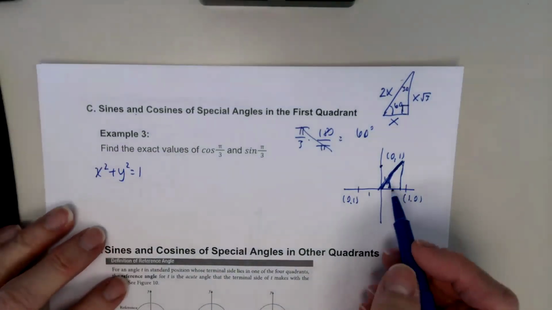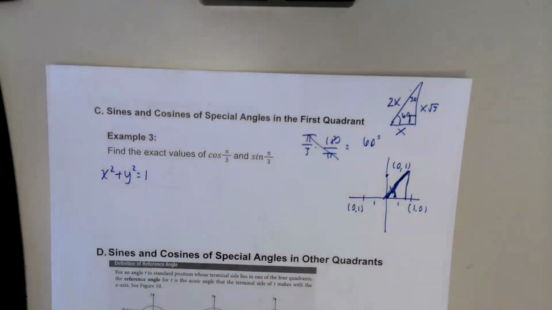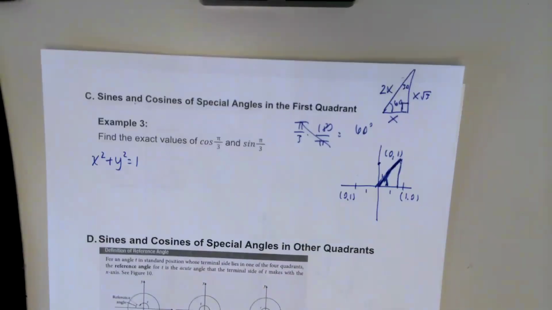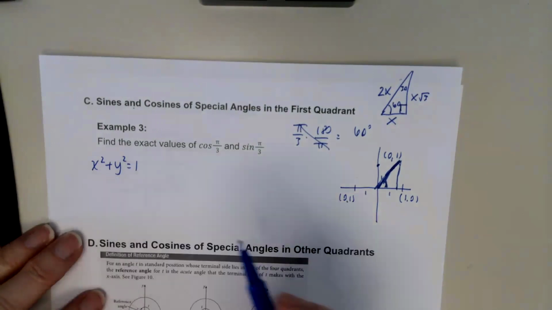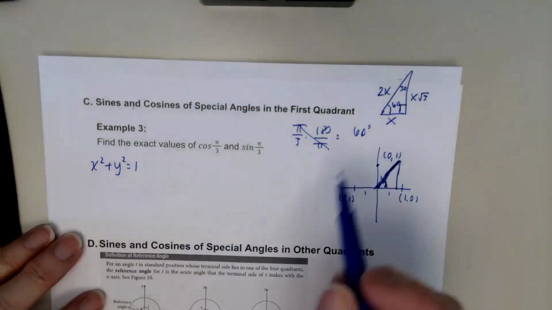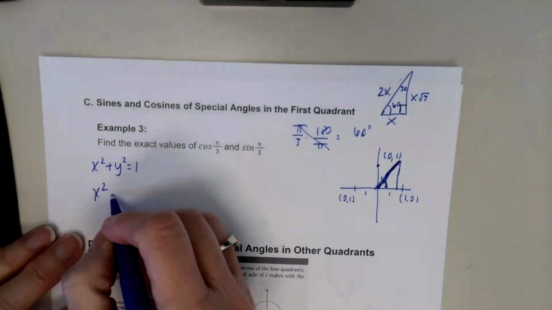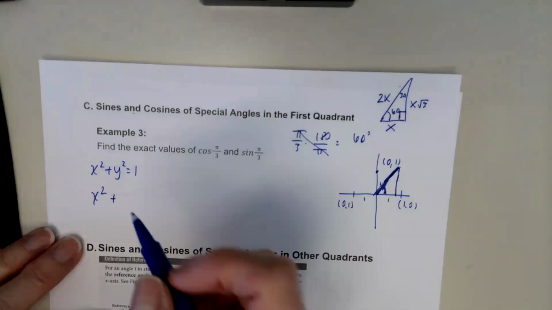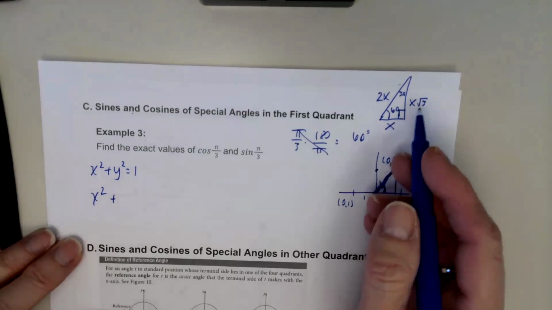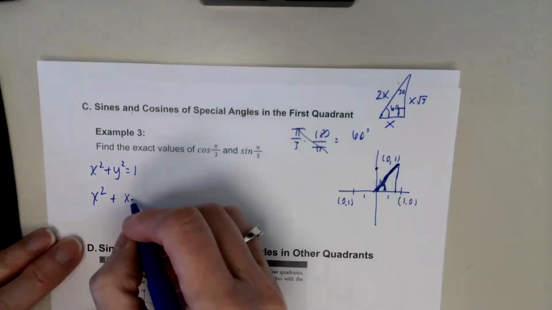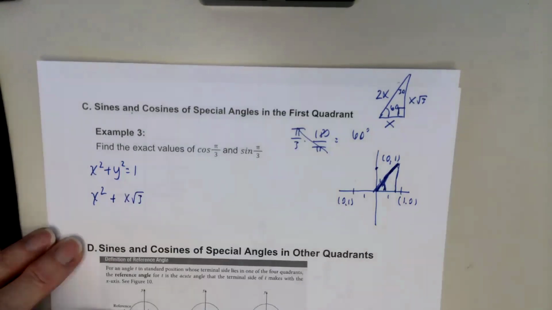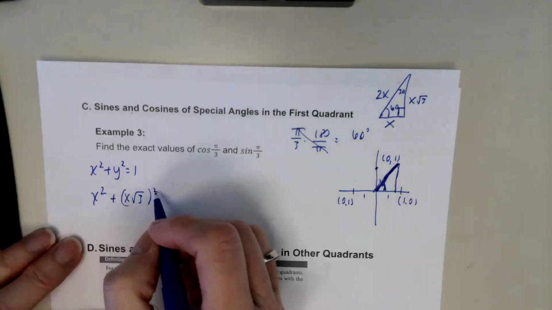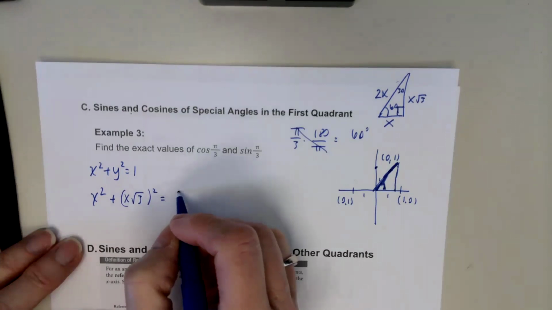So my cosine is just x, that's going to be x squared. And then my sine is going to be x times the square root of 3, squared. And that's going to equal 1.